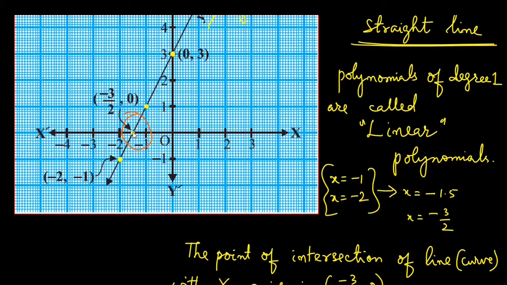The intersection point of the line with the x-axis is (-3/2, 0). So the x-coordinate of the intersection point of the curve with the x-axis is the 0 of the polynomial. This is valid not only for linear polynomials, but for polynomials of any degree.